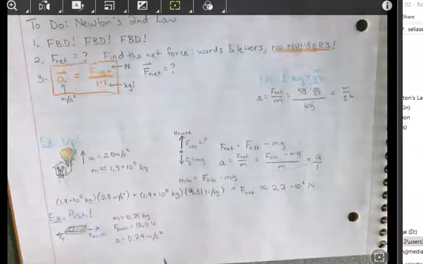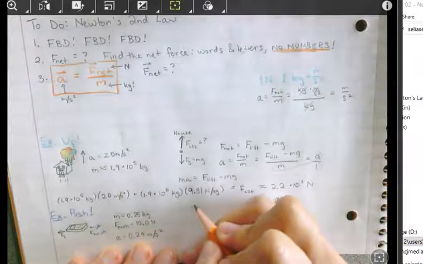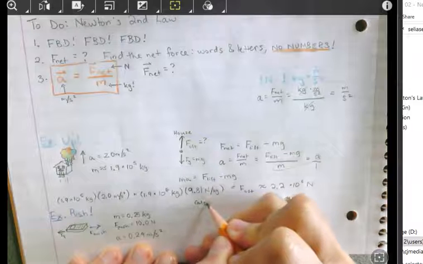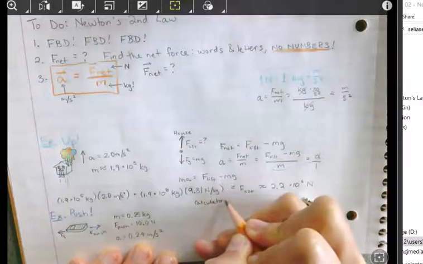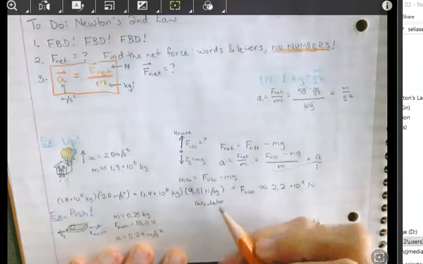Pause. Make a free body diagram. Find the net force and find the force of friction. Press play to check your work. Ready? Your free body diagram will have 4 forces on it. Not all free body diagrams have 4 forces.